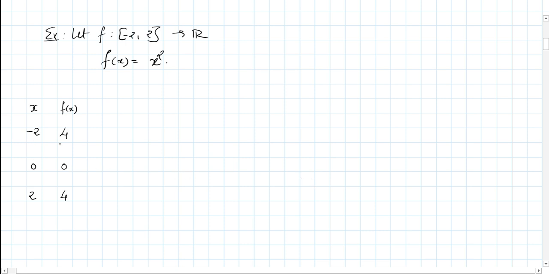So I have this pair of points: (-2, 4), (0, 0), and (2, 4). I will plot these points and join them with line segments in this order.